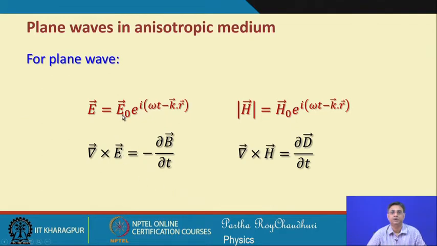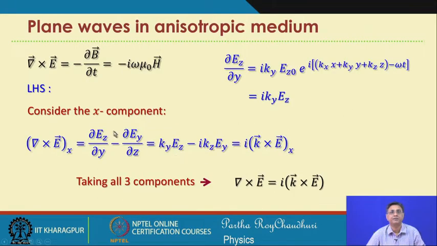Right. So, if we assume this solution, we can plug it into the curl equations for E and H, and let us see what happens if we consider only the x component of the curl. We have seen a similar derivation in the case of isotropic medium.